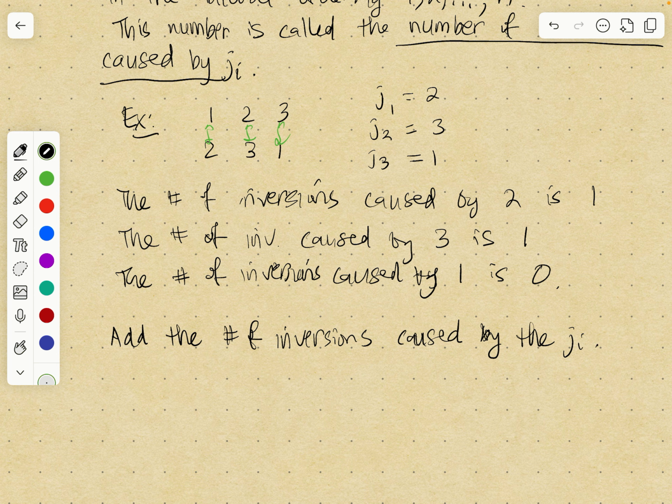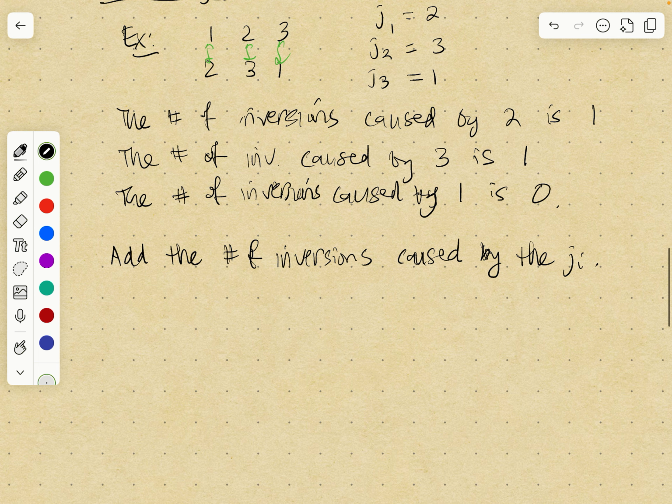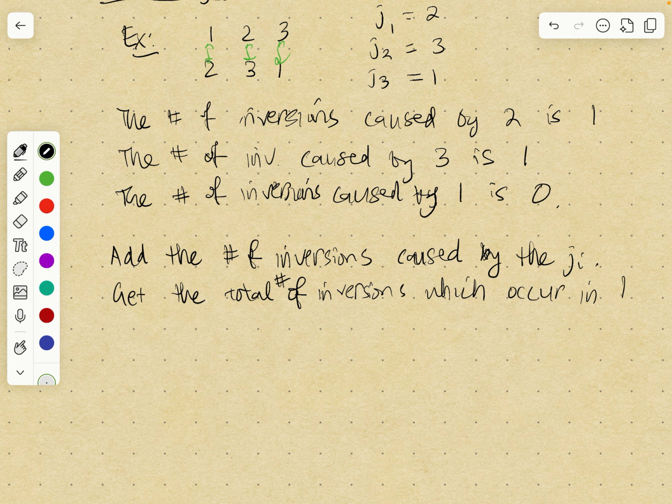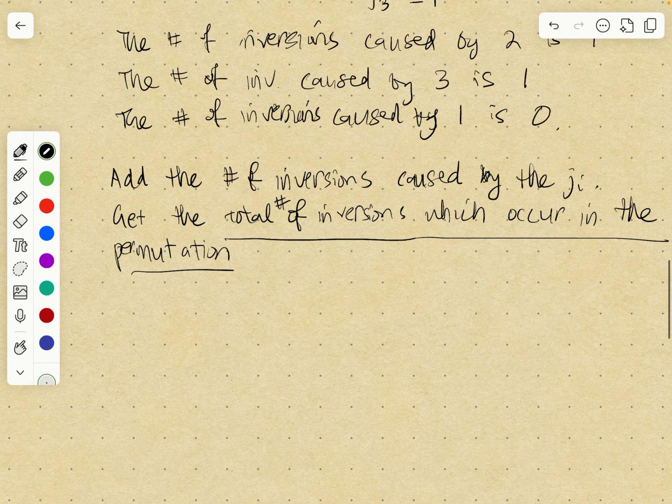So in other words, you find the total number of inversions which occur in the permutation. That's what the number is called.